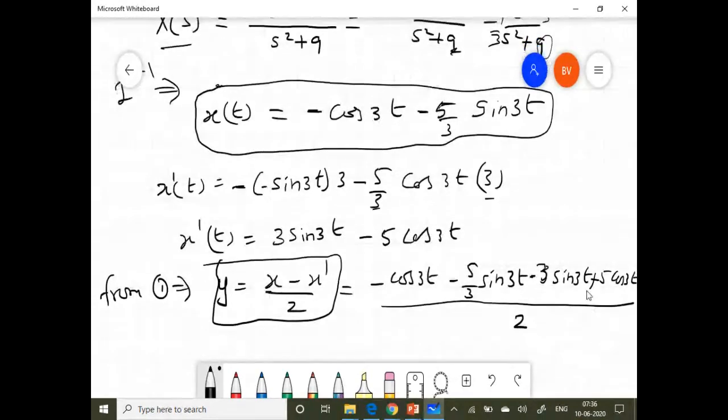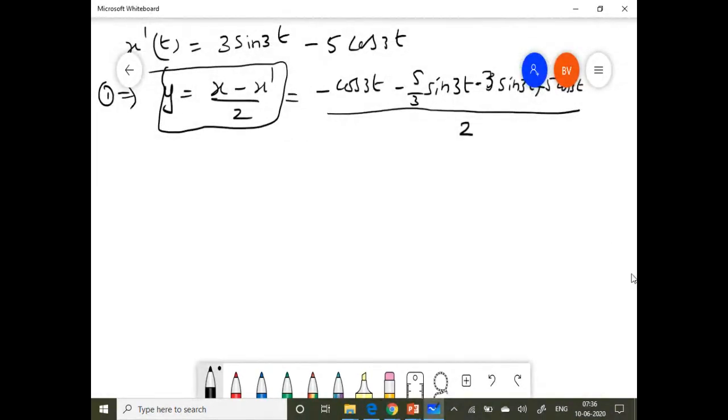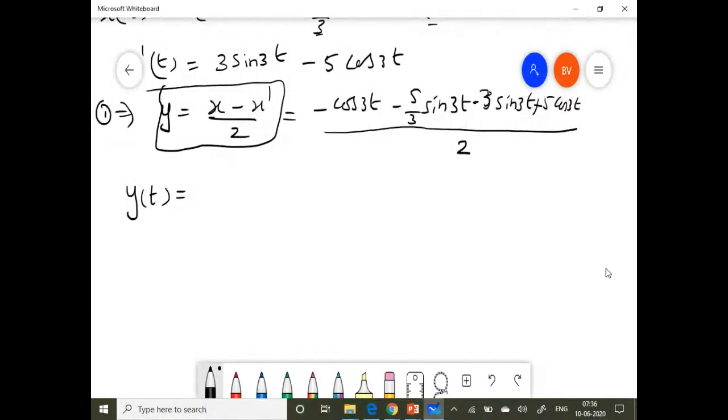You got to simplify this to find y of t. Let's go a little bit down so that we club the sine and the cosine. There is minus cosine 3t here, positive 5 cosine 3t. It will be 2 cosine 3t.